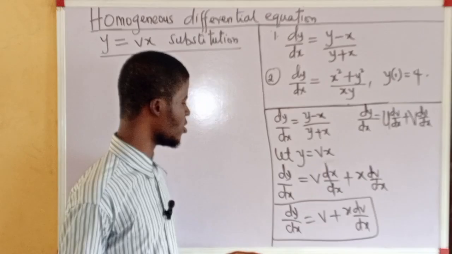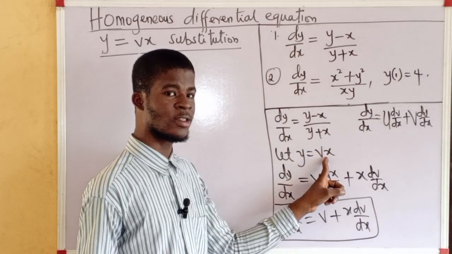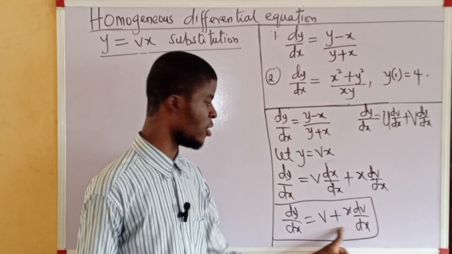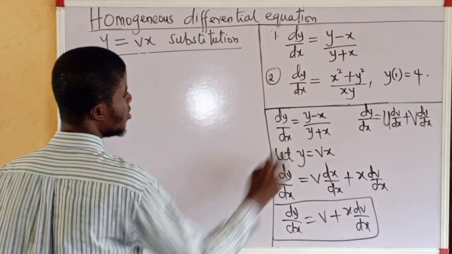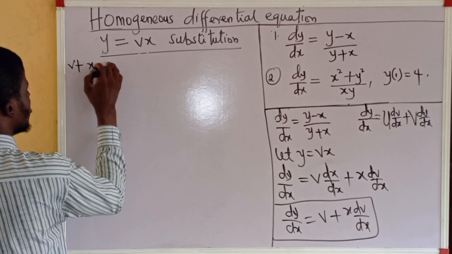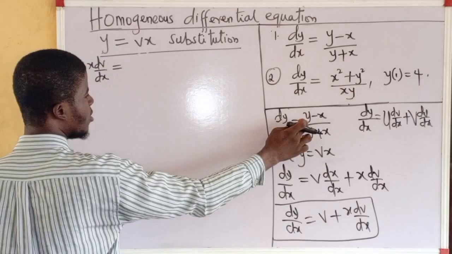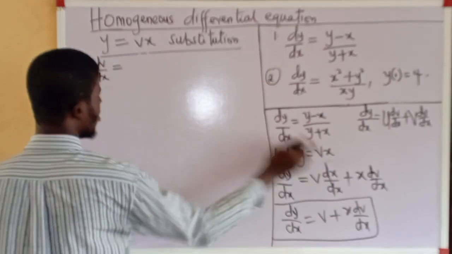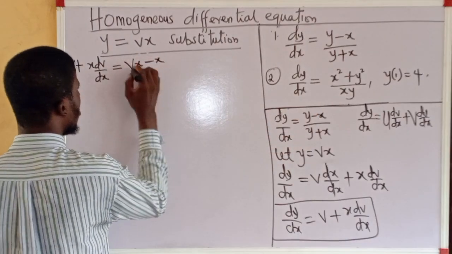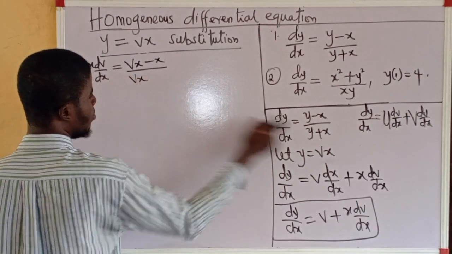So what we are going to do now is this. In place of y, we are going to write vx, and in place of dy/dx, we'll write everything here. So this will now become v plus x dv/dx equal to y, which is now vx, minus x, upon y, which is vx, then plus x.